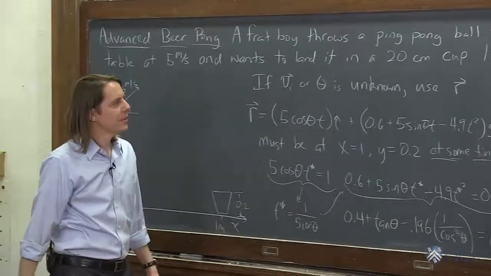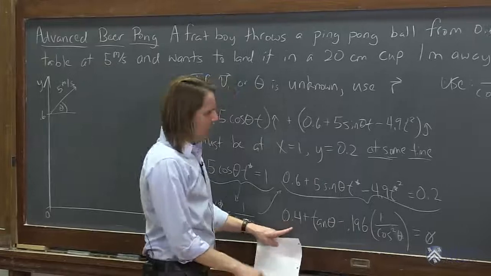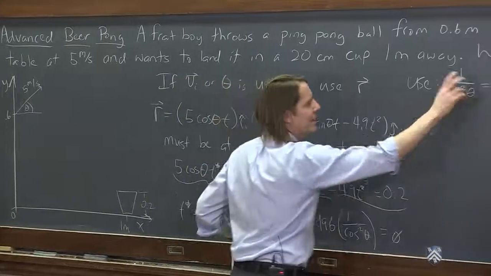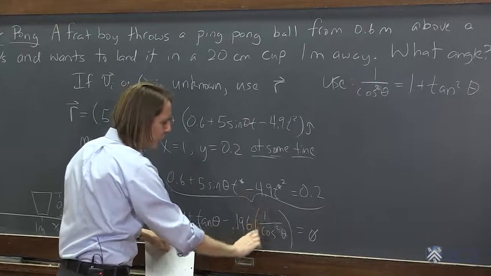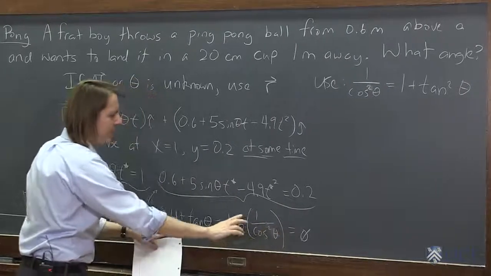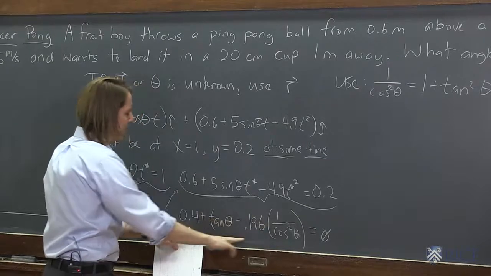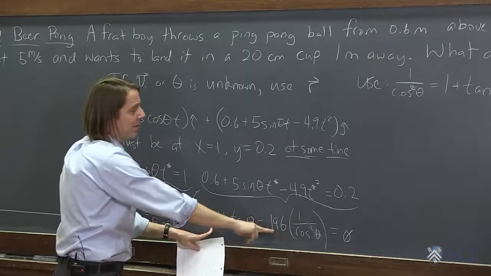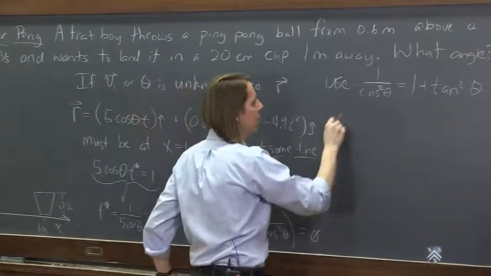So it's really just a modification of that. So if we're going to use that, what that means is we're going to turn 1 over cosine squared theta into 1 plus tangent squared theta. So this is going to become 1 plus tangent squared theta, which means we're going to have 1 times 0.196. So that negative 0.196 we can combine with the 0.4. Okay, so the constant term is about to change to 0.204.